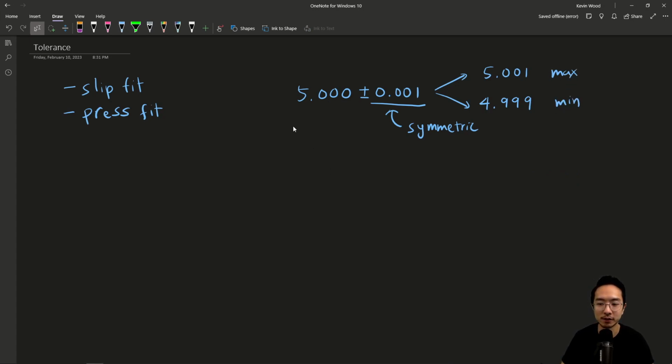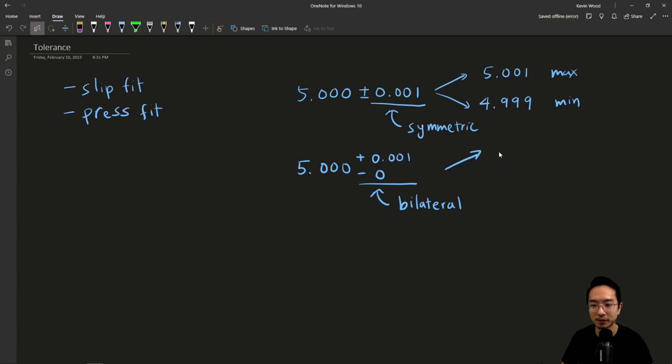And then you also have what's called the bilateral. So you might have 5.000, and then you have a plus 0.001, and then you might have a minus 0. So in that case, this sort of format is called the bilateral. Bilateral because the plus and minus values are different.